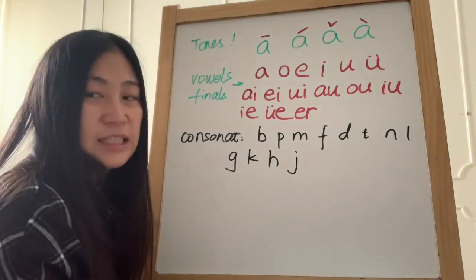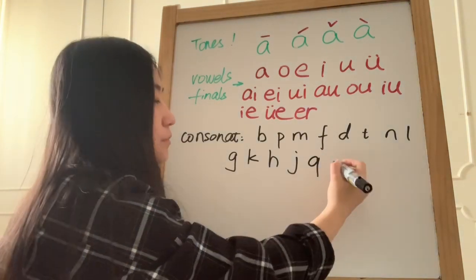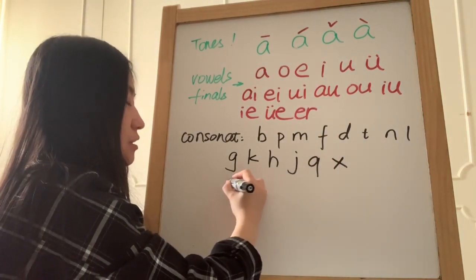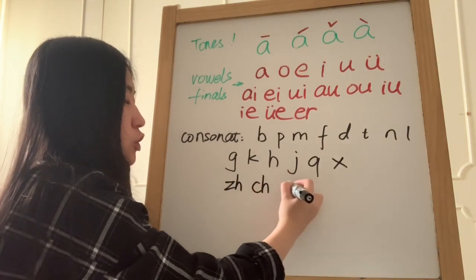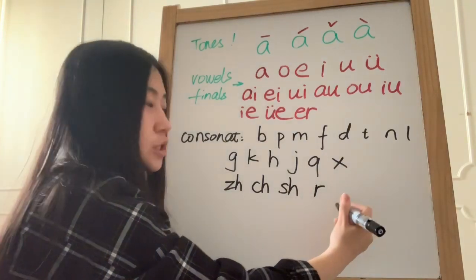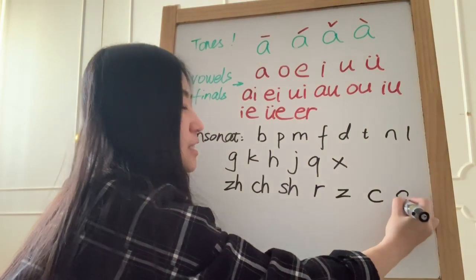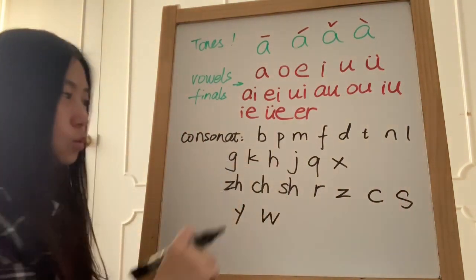This one, G, Qi, Xi, and then Zhi, Shi, Shi, Ri, Zi, Ci, Si, I, U. Okay?